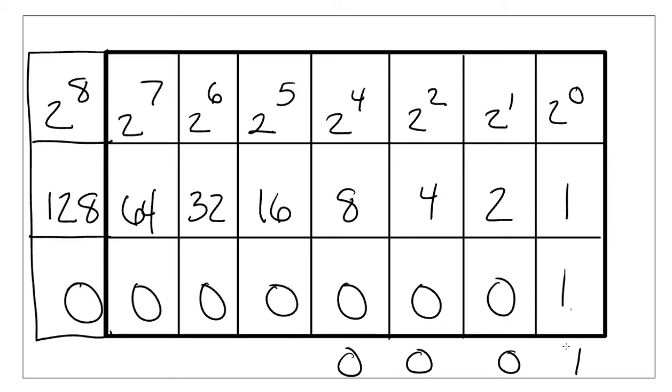Now if we want to write 3, we would have to do a simple addition problem. So now this becomes 0011, which is how you write the decimal number 3 in binary. So everything is additive.